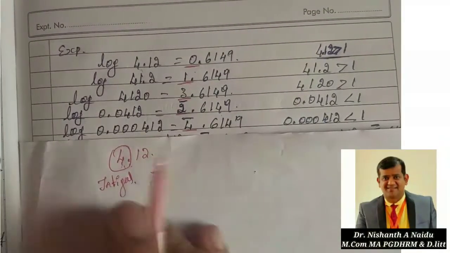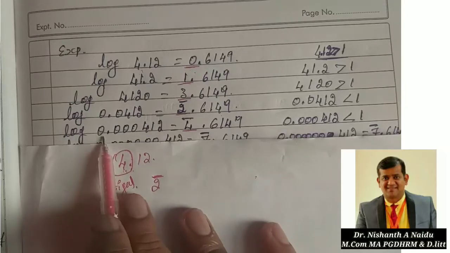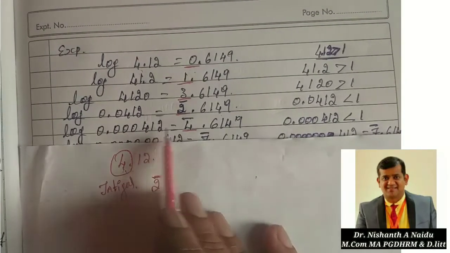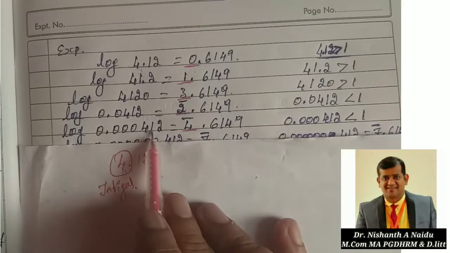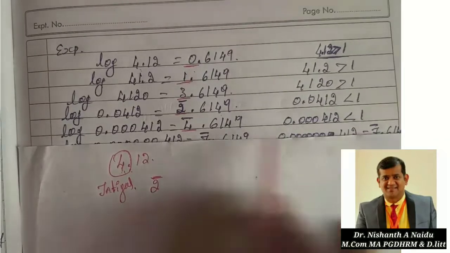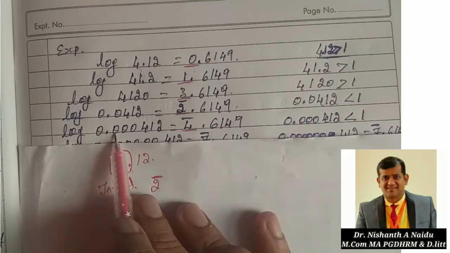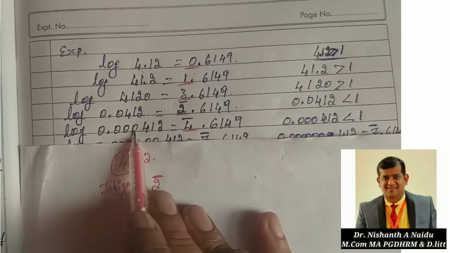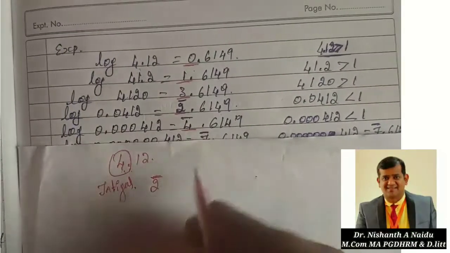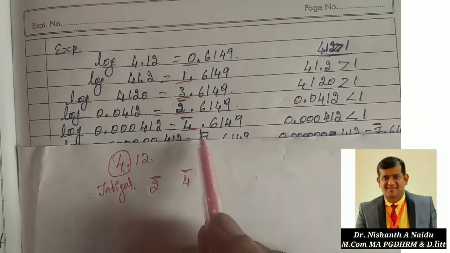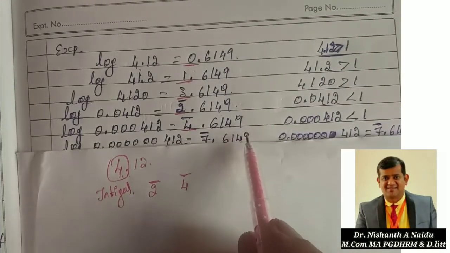Now look at this example: log 0.000412. This is lesser than 1. After the decimal point, how many zeros are there? 1, 2, 3, plus 1. How much? 4. So minus 4, written like this: 4 bar .6149.